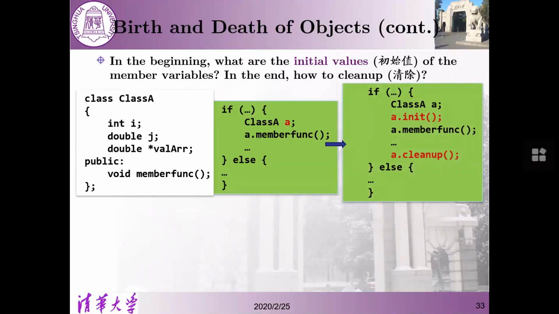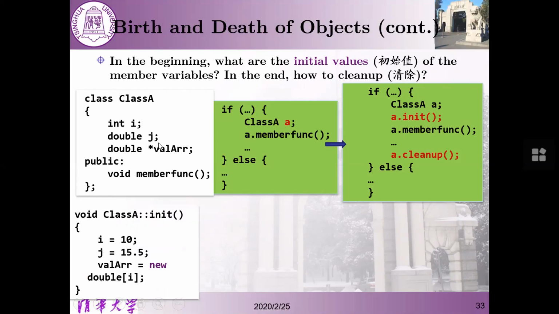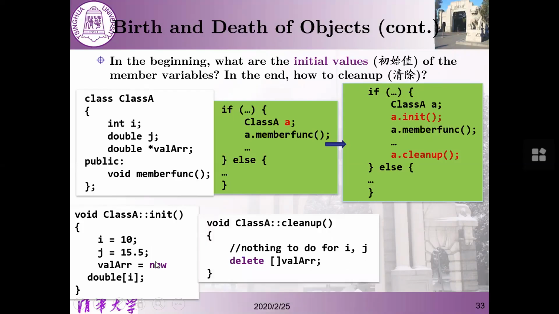Originally, if we do not have constructor and destructor, which is what we are learning today, we may need some functions like this: init and also cleanup. So when we define this object, we have to use the init member function to initialize the variables, right? And before it is going to die, we need to clean up the resources occupied by the variables. So this is how we use init, and this is how we clean up.